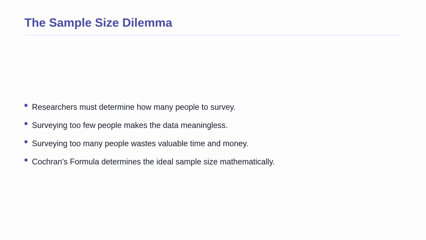However, surveying too many people wastes valuable time, effort, and funding. To solve this dilemma, researchers do not just guess. They use a specific mathematical tool called Cochrane's formula. This formula calculates exactly how many responses we need to be statistically confident in our data collection for large populations.